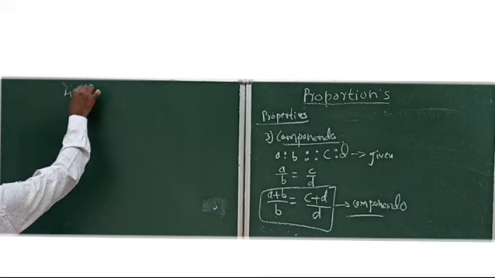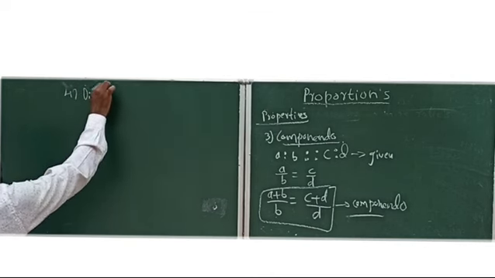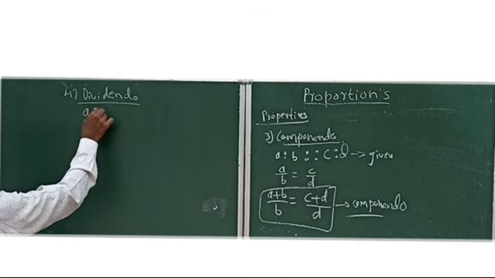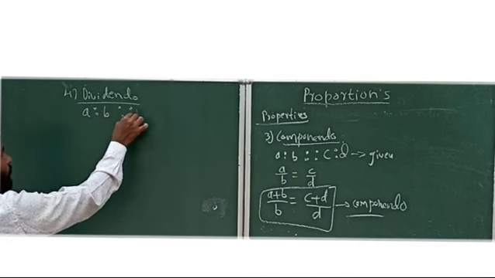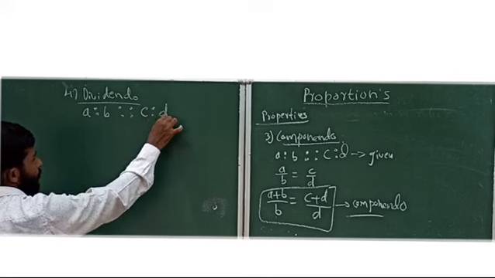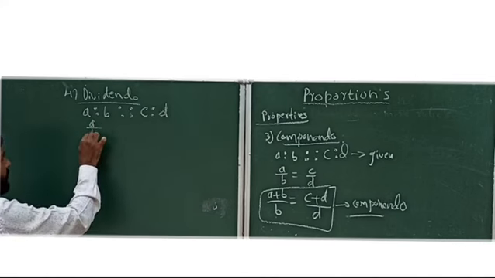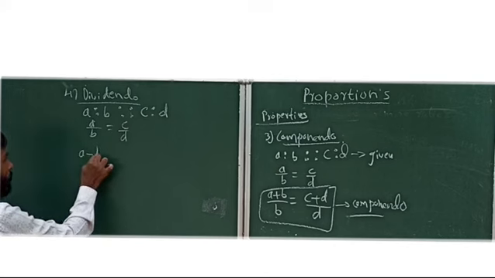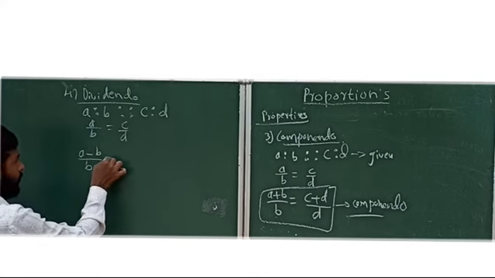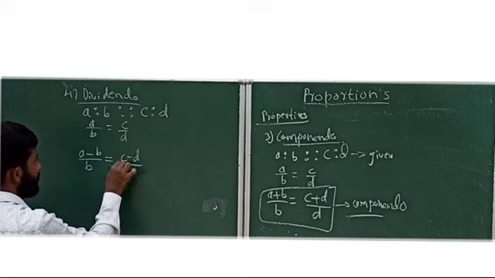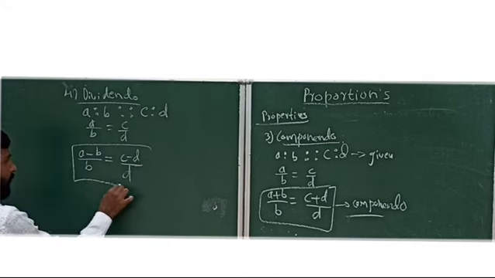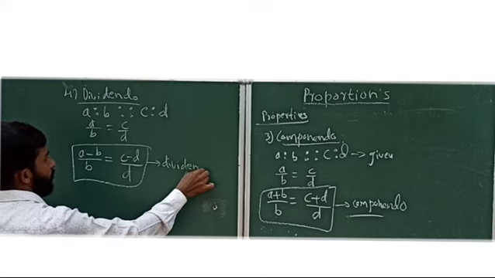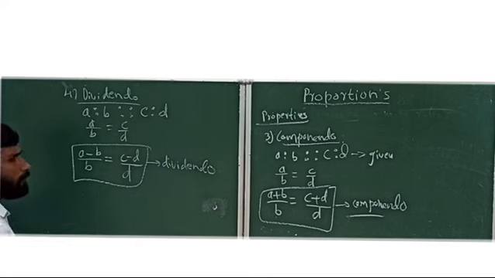Next one is dividendo. Again consider the proportion A ratio B is proportional to C ratio D. That is A by B is equal to C by D. Then (A minus B) by B is equal to (C minus D) by D. Okay, this is called dividendo property of the given proportion.